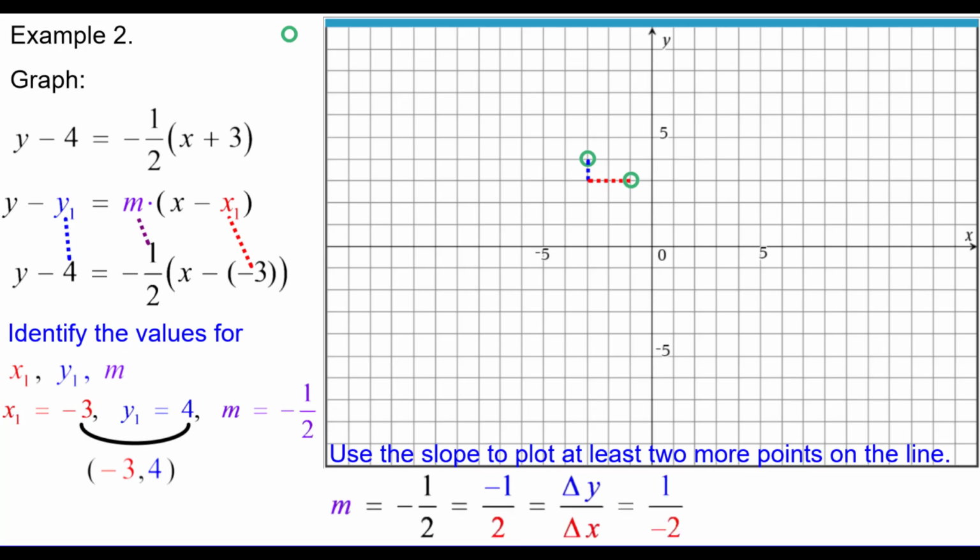I could also think of negative 1/2 as positive 1 divided by negative 2, so that would be up 1, left 2. And you can see that those 3 points are collinear. Draw the line, and it has a slope of negative 1/2, sloping downhill from left to right, and goes through the point negative 3, 4. Pause as needed. Resume when you're ready.